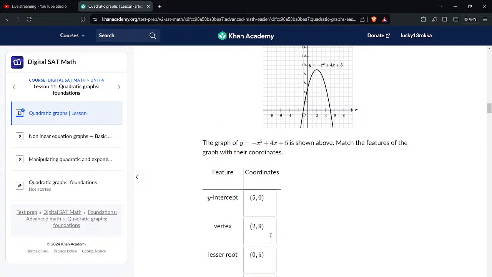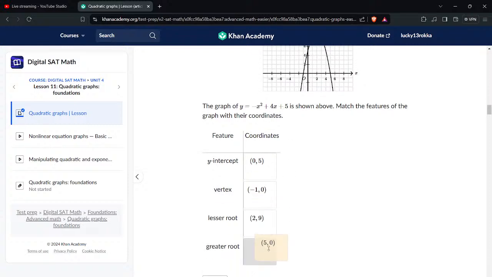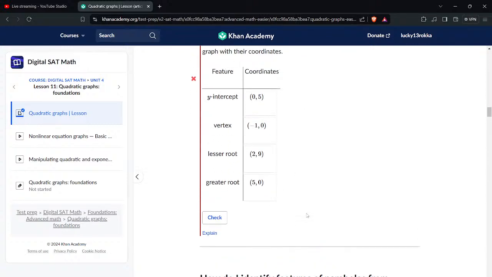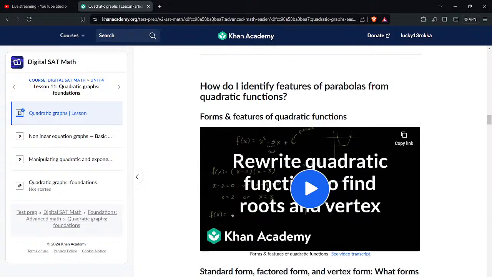The vertex is 2, 9. The y-intercept is 0, 5. The lesser root is -1, 0. The greater root is 5, 0. So, yeah. Wait, how did both of these interchange by themselves?